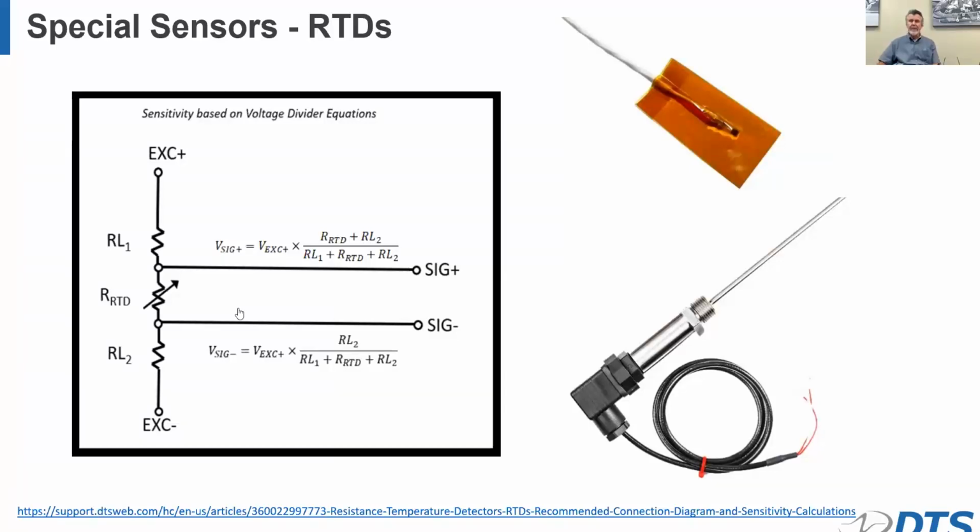You'll also get an Excel spreadsheet that helps you understand, with your particular RTD, how to put the parameters into the software. An RTD, if you're not familiar, is typically a platinum device, often called a PT100 for platinum 100 ohms. They can come in surface mount devices and probes, are generally very accurate, and can be helpful in extreme testing environments.